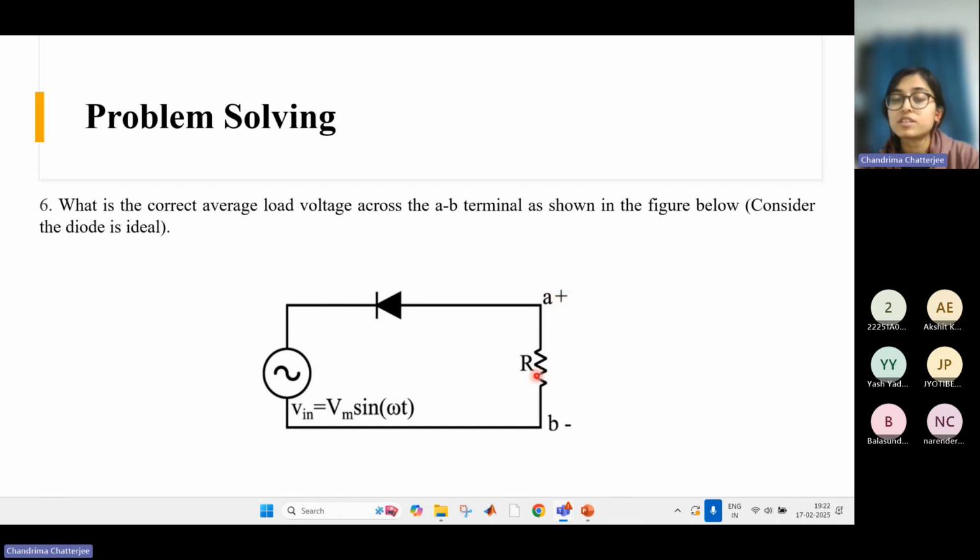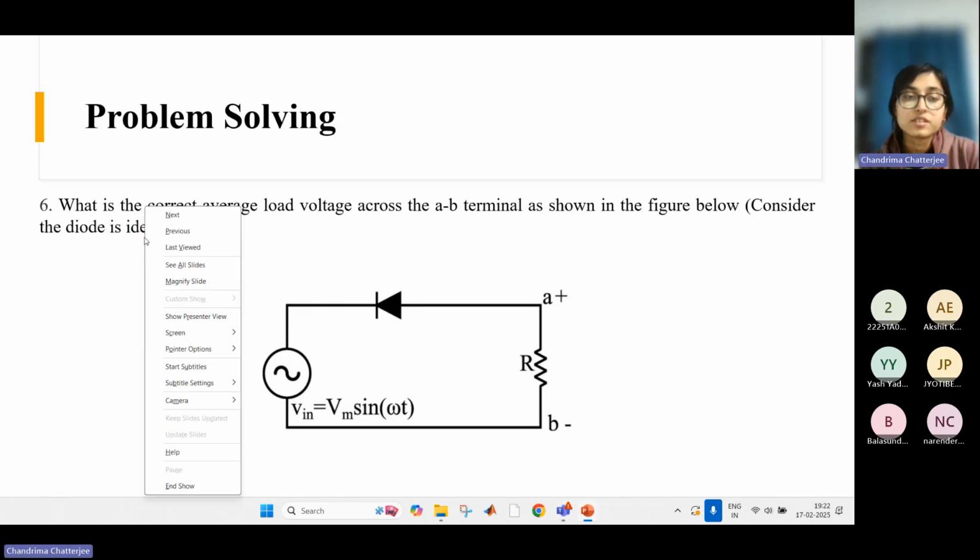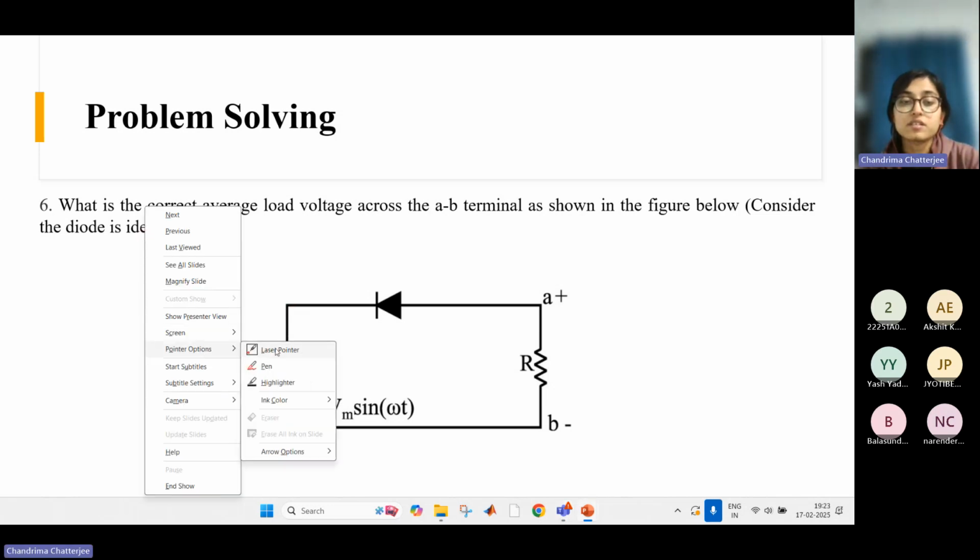So the potential difference is from A to B, and we need to find the average voltage. Let's first understand what will happen.